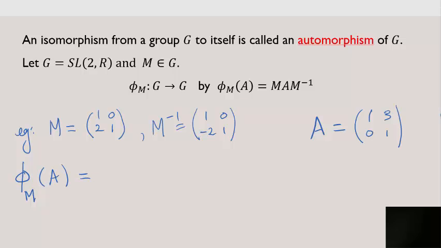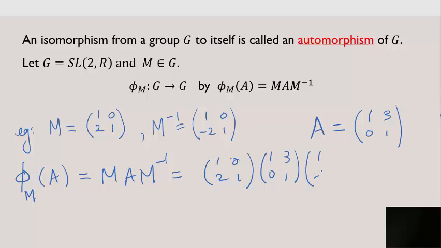Phi sub M of A will be equal to M A M inverse, which is the matrix 1, 2, 0, 1, times the matrix A, 1, 0, 3, 1, times the matrix M inverse, 1, negative 2, 0, 1.